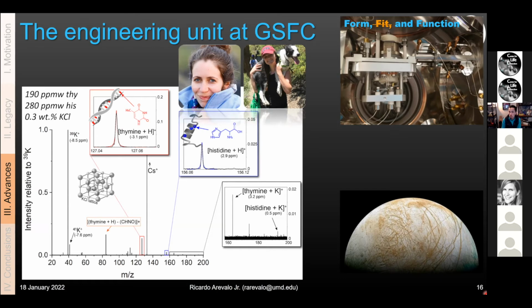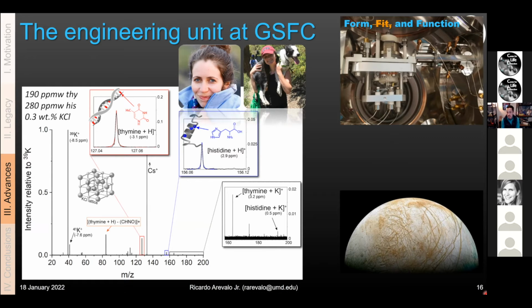We're starting to look at more realistic ocean world samples. So here we've got a solution that's got 0.3 weight percent potassium chloride, and we're starting to get more realistic concentrations, though still kind of enriched, of a variety of biomarkers we're interested in, to look at how these biomarkers manifest in an LDMS spectrum. Do we see the molecular ion? Do we see it protonated?